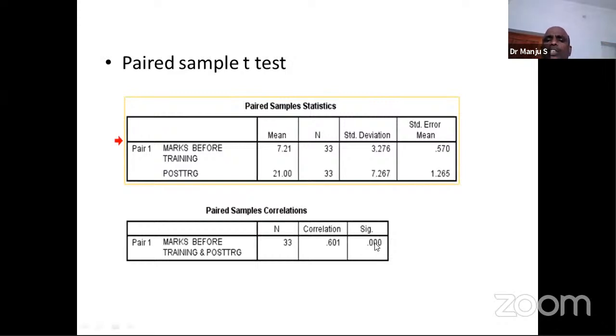See here, 0.05 is the significance level and computed p-value is 0. So what should be our decision? We have to reject the null hypothesis and accept the alternative hypothesis. Here computed p-value is 0 and the significance level that we have taken is 0.05.